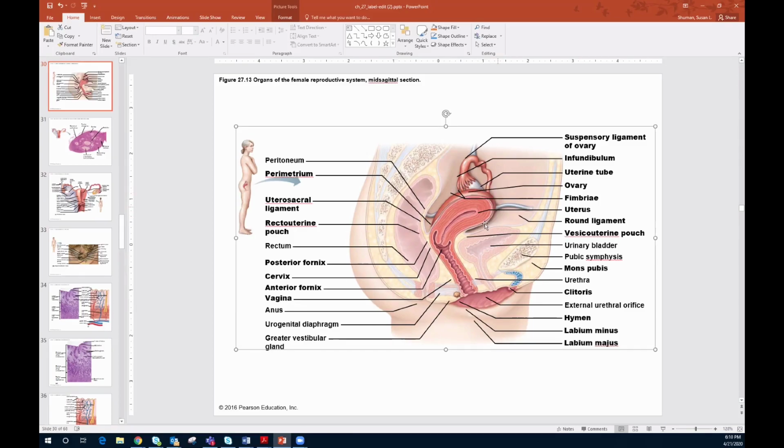Well, this fundus is really important in female pregnancy because as this uterus fills up with baby, the fundus can be felt moving up above the pubic symphysis. And they can correlate how far up it has risen with how many weeks gestation that woman is. So it's a fundal height measurement.